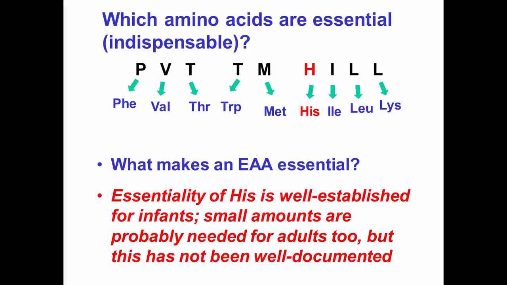So that's how we define essentiality. There's some work going on in this area. We do need histidine for adults as well, and it's thought that it's essential for them too, but we can make it elsewhere. So I'll explain that a little bit. We're going to just say there are 9 essential amino acids, and histidine is one of them.